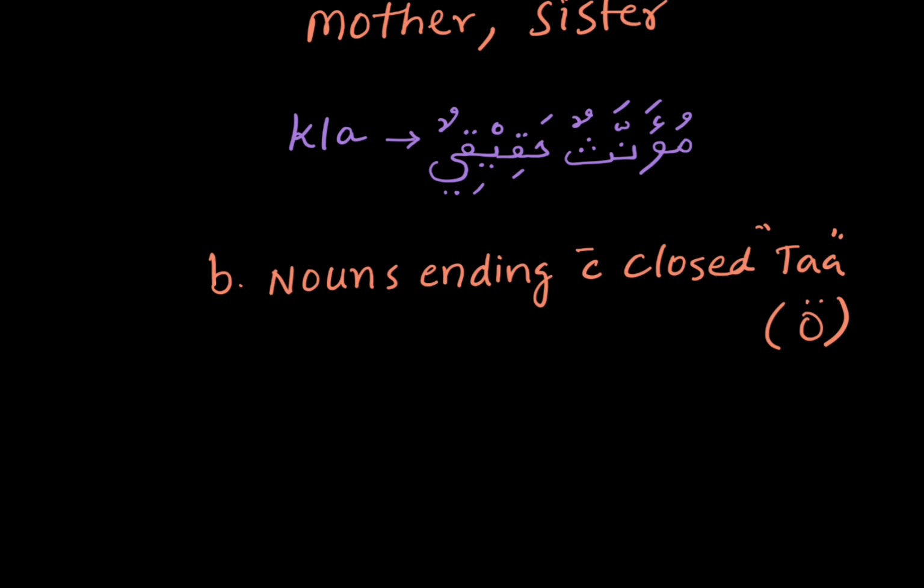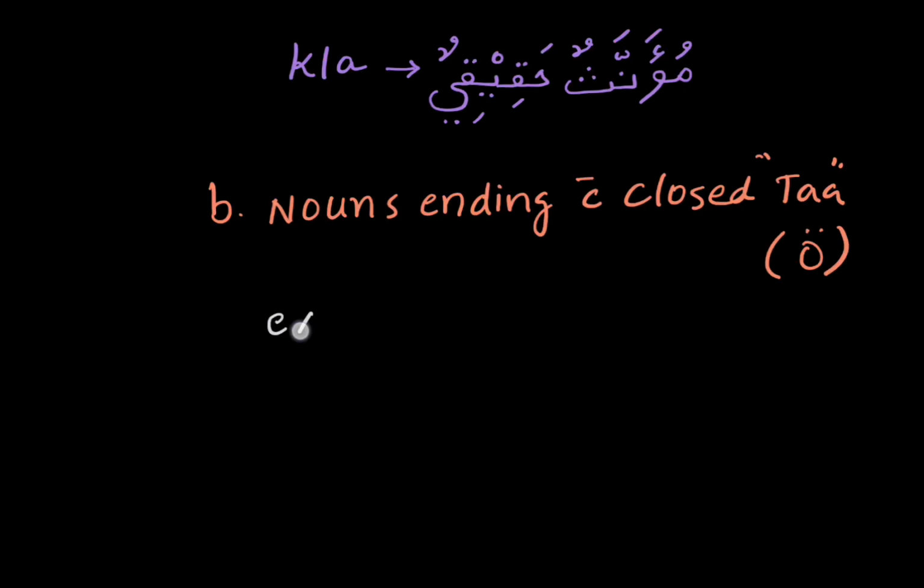Now, coming to the second way of identifying feminine nouns: a noun ending with a closed ta. A noun which ends with a closed ta is a feminine noun. Examples include jannatun.